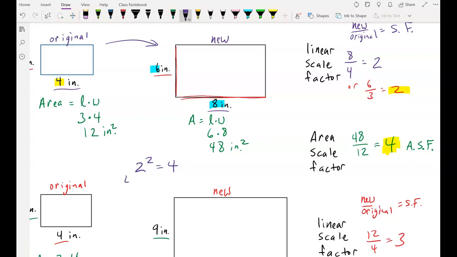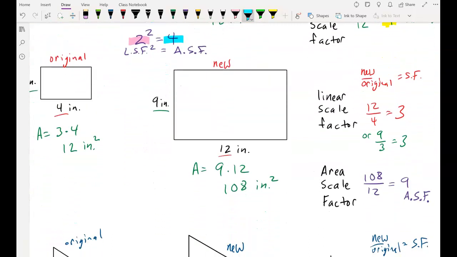So if we take whatever the linear scale factor is and square it, it's going to equal the area scale factor, because 2 squared is 4. Linear scale factor squared equals the area scale factor. Does it hold true every time?